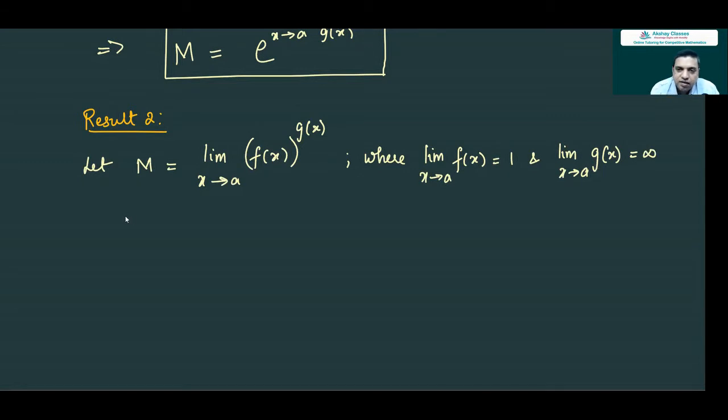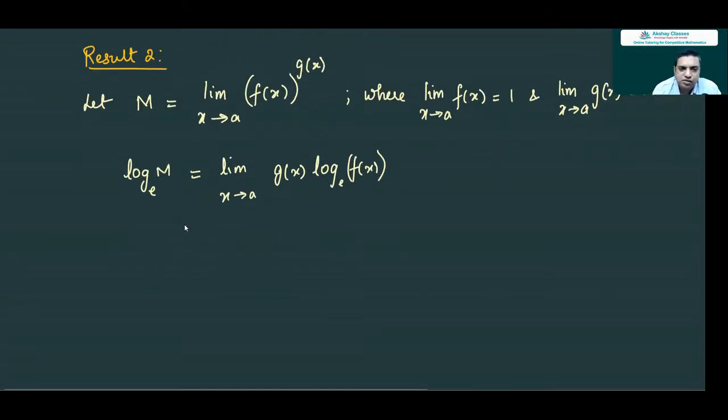So it's 1 power infinity form. So what we do is take logarithm on both sides. I'll directly write the step. Log of f of x power g of x is g of x into log f of x.